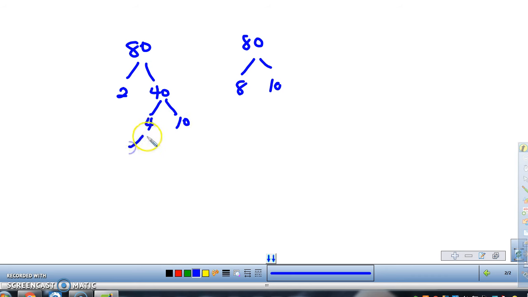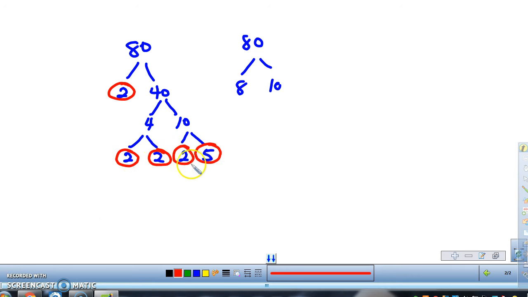It's not prime. So we're going to break it down into 2 times 2. Now 2 and 2 are both prime, so we're done with this chain. And we go here, 10 can be broken down into 2 times 5. So the prime factorization of 80 is 2 times 2 times 2 times 2 times 5.